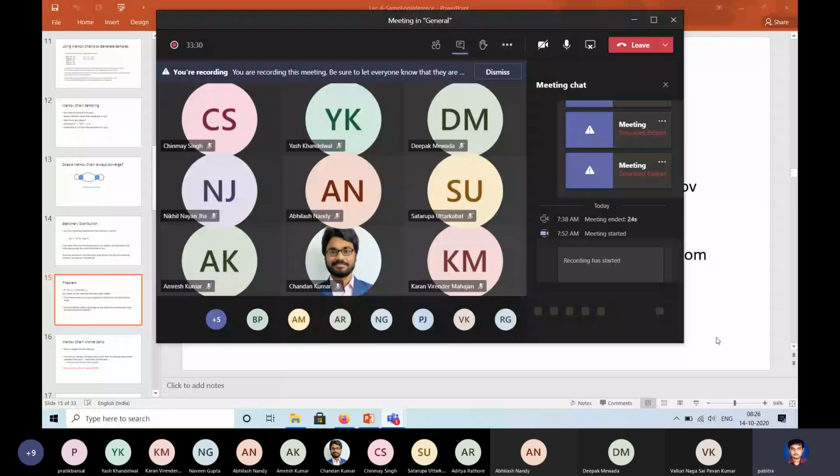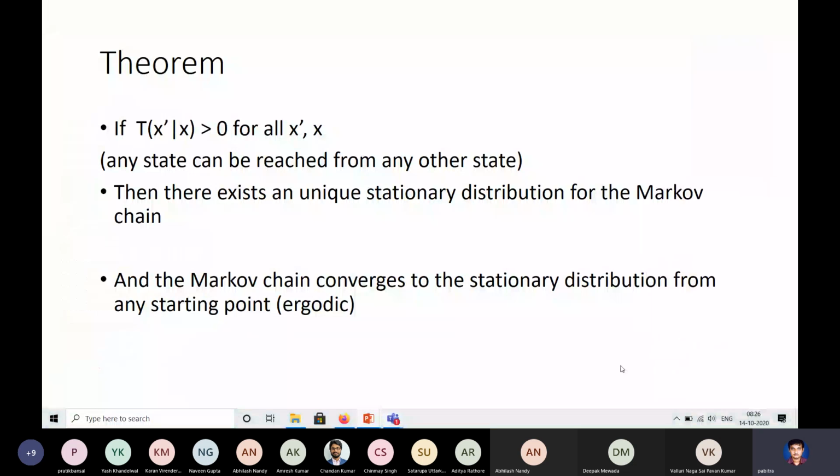All right. So there is another way of looking at it. Let's say I have a continuous state space, so every state is a point in two-dimensional space. You start from some initial state and then follow the transition matrix and move to a new state.